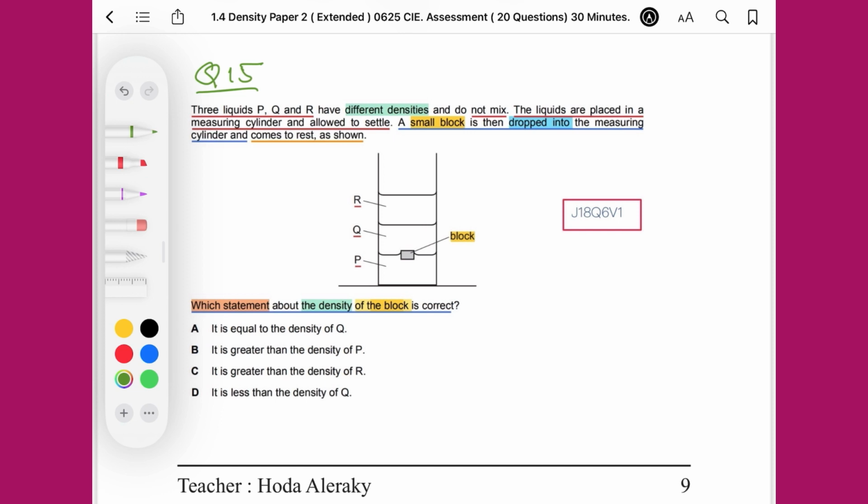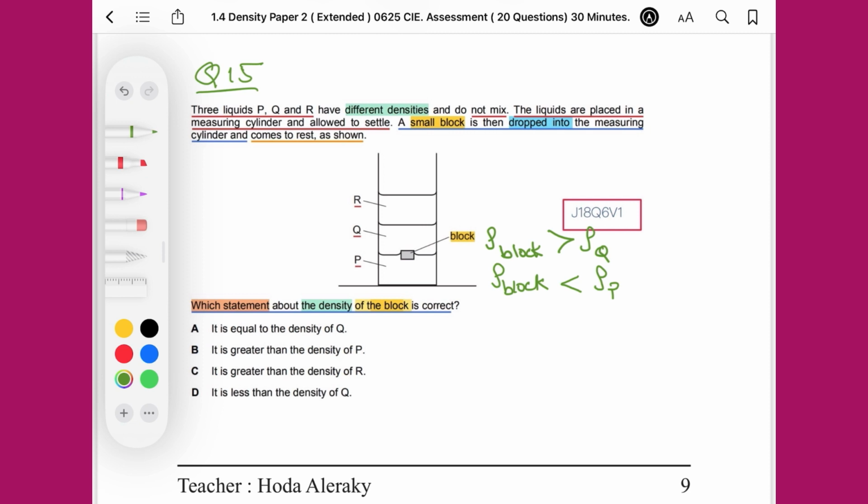Number one, your observation that density of the block seems to be greater than density of Q because it sinks. Also, density of this block is smaller than density of P because it floats in liquid P, right? Which statement about the density of the block is correct?